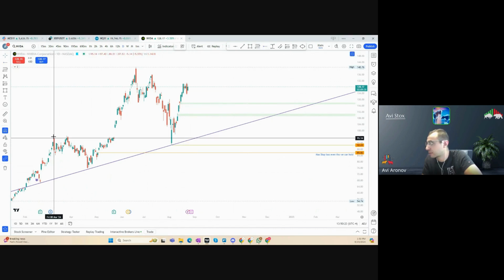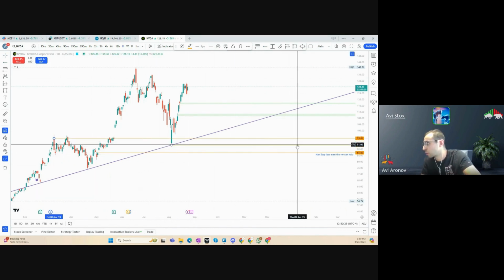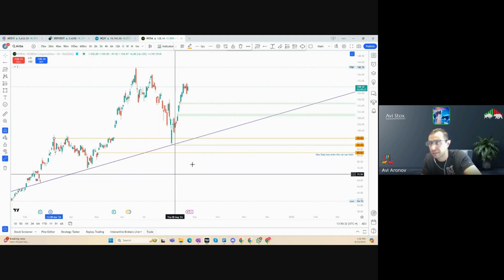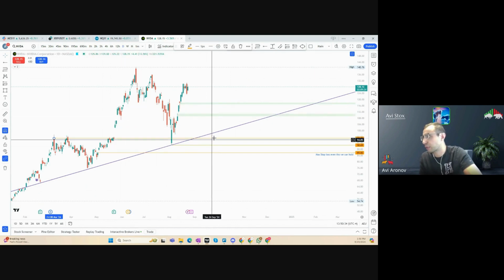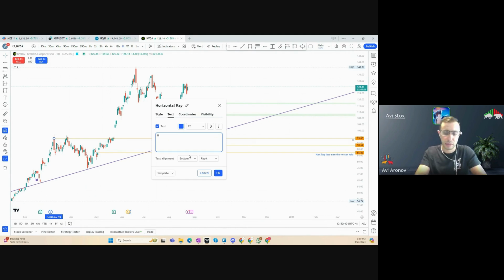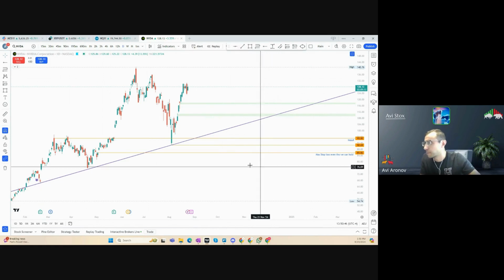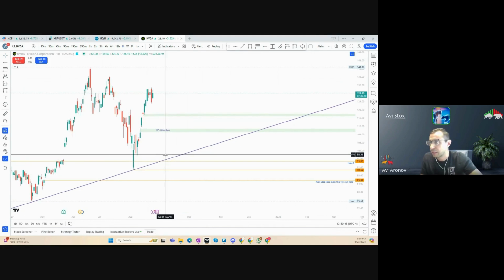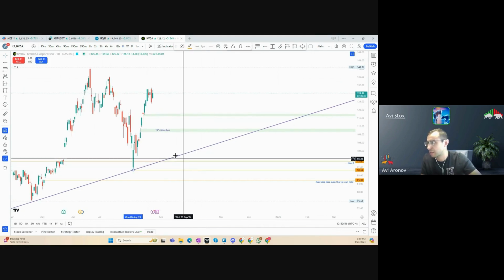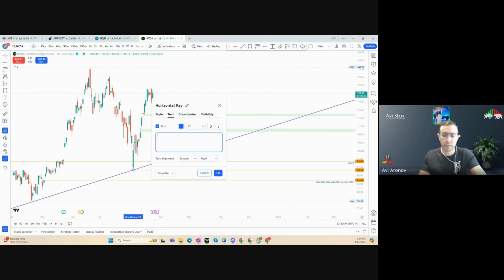We can see that 95 played as a strong whole number that was respected very much, and you can see a massive break above. So this is a whole number, and this is a weak low of a weak retest of the trend line.